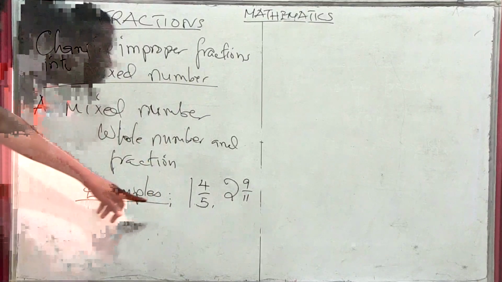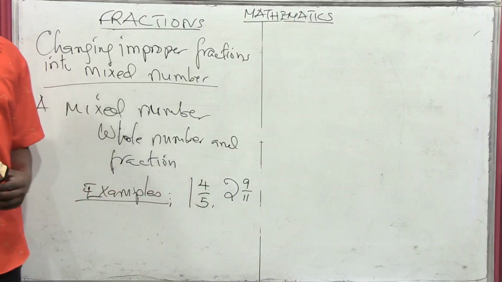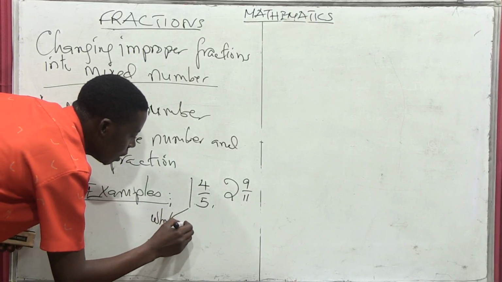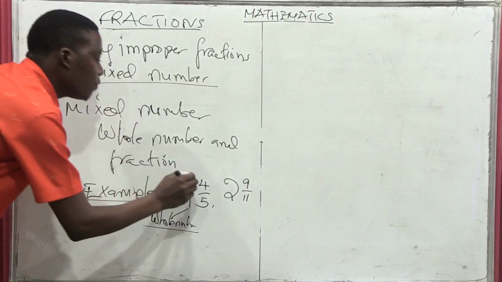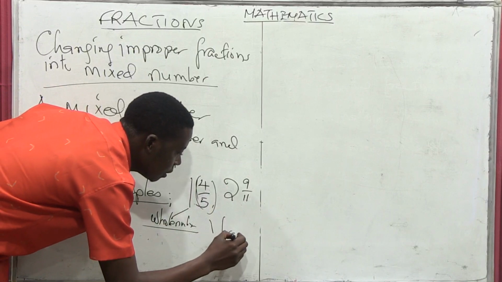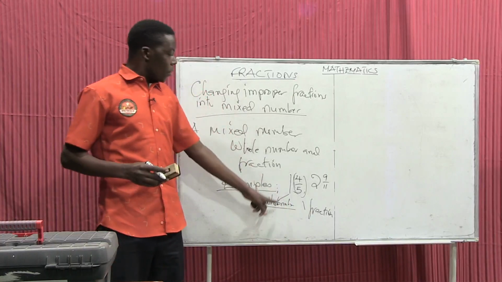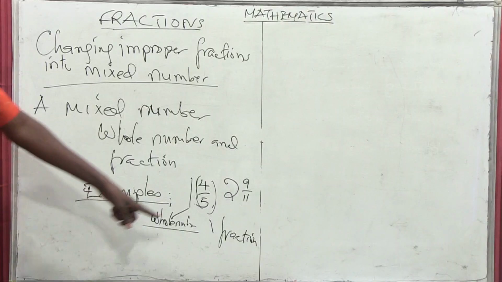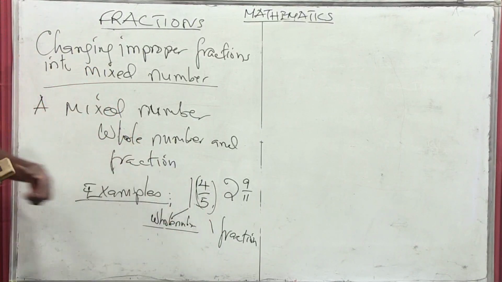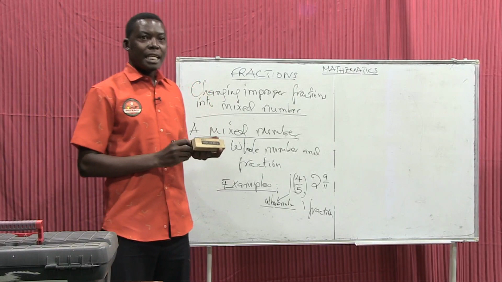You see, this 1 4/5. 1 is a whole number, and 4 over 5 is a fraction. 4 over 5 is a proper fraction. 1 is a whole number. So in general, because it is a combination of whole number and fraction, the name of this one is called a mixed number.